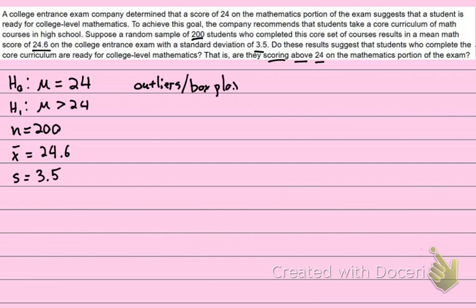So if we don't know anything about outliers, we have to make sure that our sample size is greater than or equal to 30, and at 200 that is correct. They don't tell us anything about this being normal. So we don't know anything about that. Now we do know that our sample is random, so that's good.